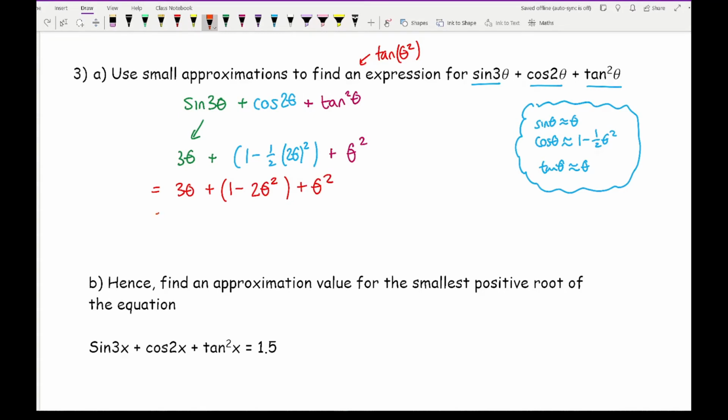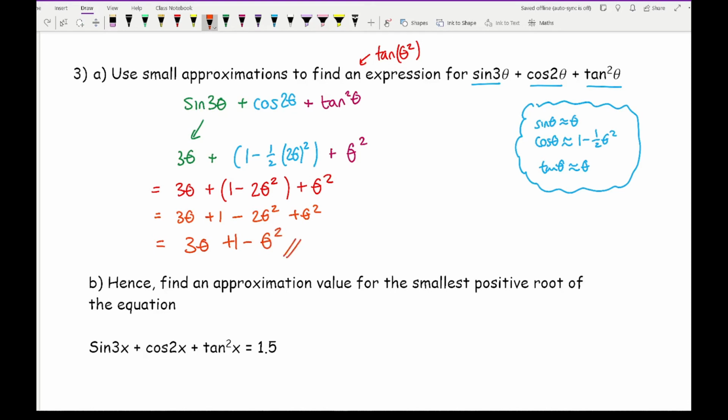Then expand the brackets out, I get 3 theta plus 1 minus 2 theta squared plus a theta squared, which equals 3 theta, plus 1 minus theta squared.